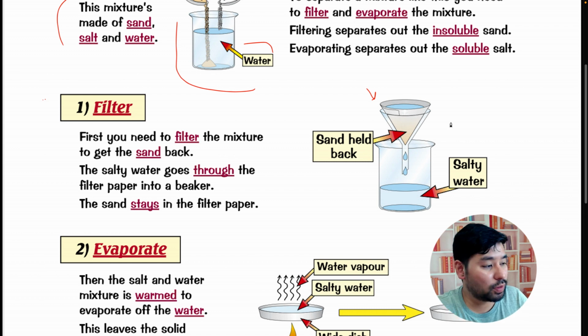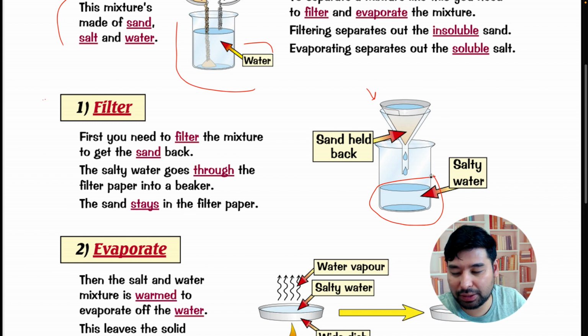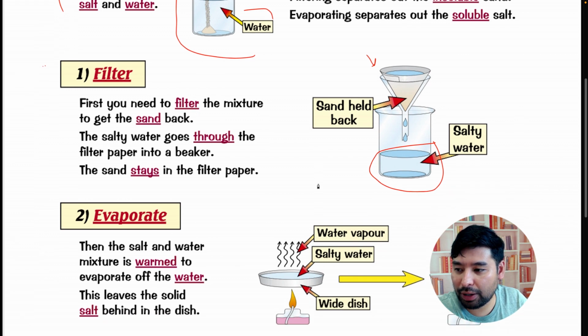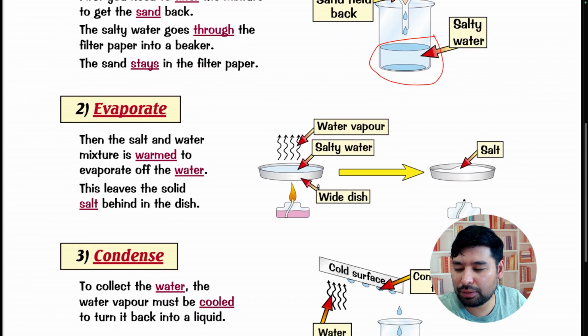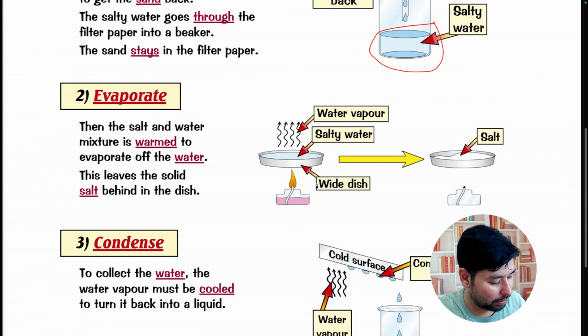But of course, the salty water is really fine, really thin, so it's gonna go through and stay inside the beaker, this plastic recipient, whatever. So again, we could stop the sand, but we couldn't stop the salt. So that's why we go to the second part, this second example here.